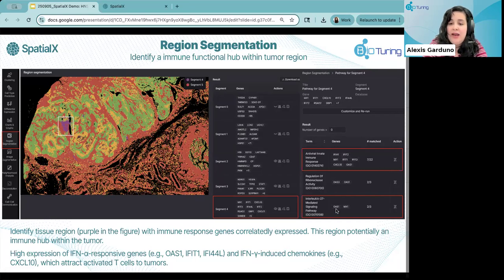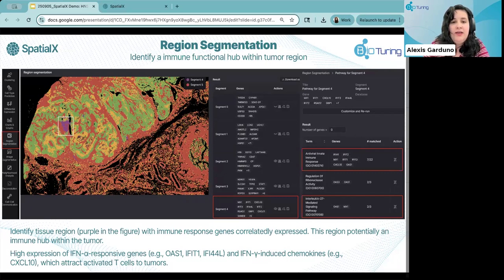For example, if we look at OAS1, MX1 or IFIT1, these are specifically IFN induced chemokines that can also attract T cell activation in the neighboring tumor microenvironment. Again, this is a very important feature I wanted to highlight that you are able to run within the system.